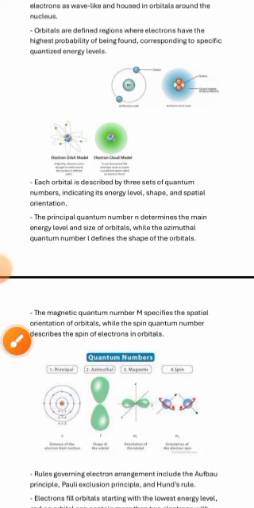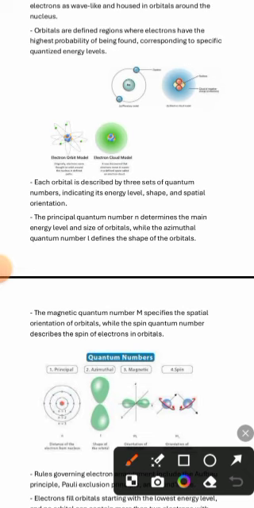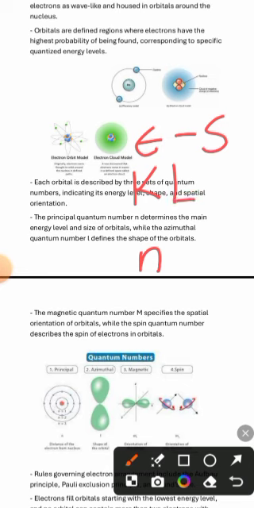So now I want to look at the principal quantum number. The principal quantum number is represented by the symbol n and determines the main energy level and size of the orbital. It determines the energy level or the shell of the orbital, whether it is a K shell, an L shell, an M shell, and so on.